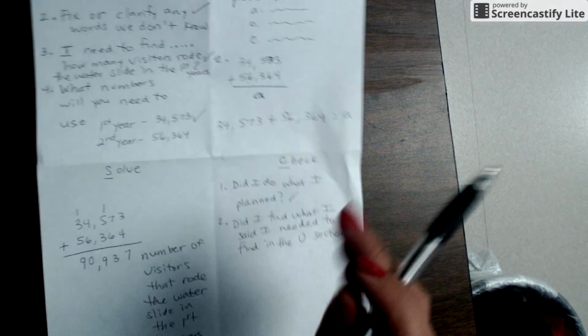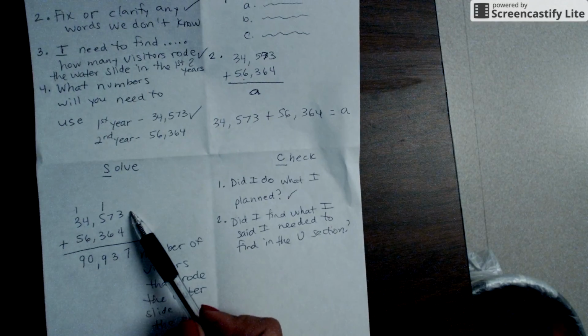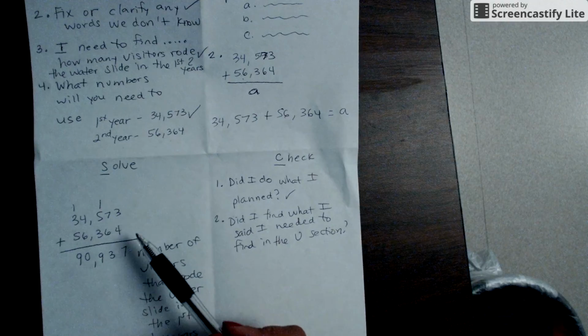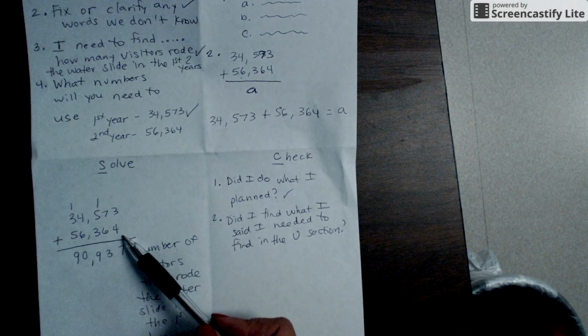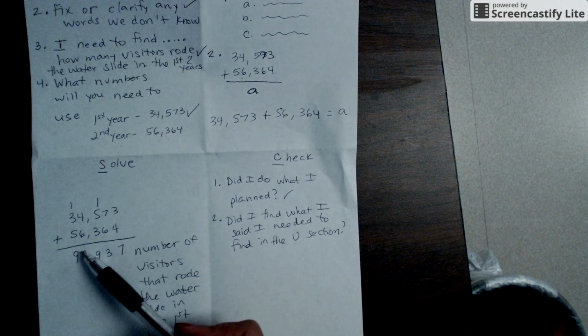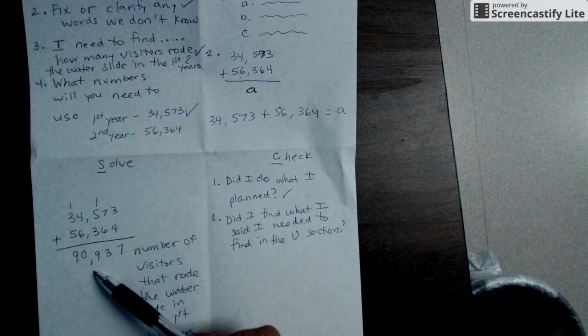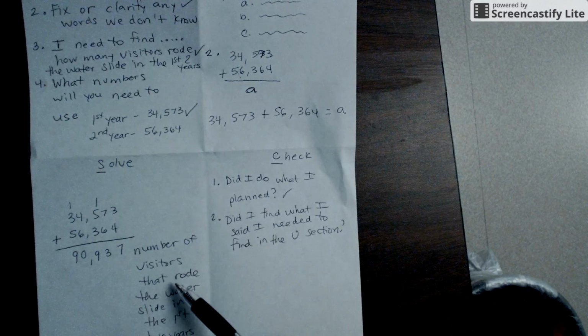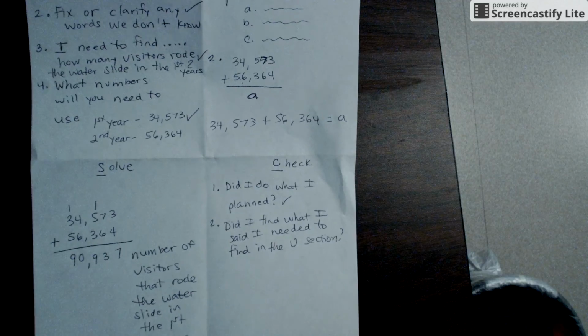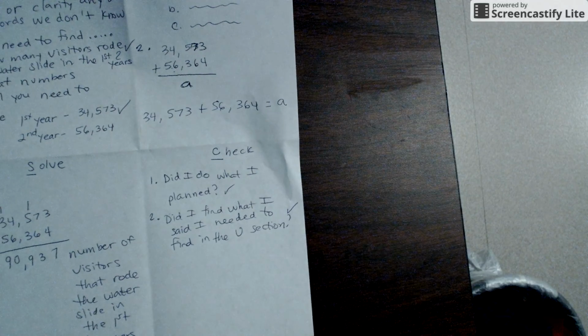So I added the first year number of visitors and the second year's number of visitors, and I got a total. And so this total represents the number of visitors that rode the water slide in the first 2 years. So I would say, yeah, I did find what I said I needed to find.